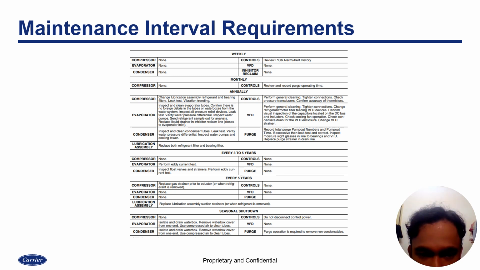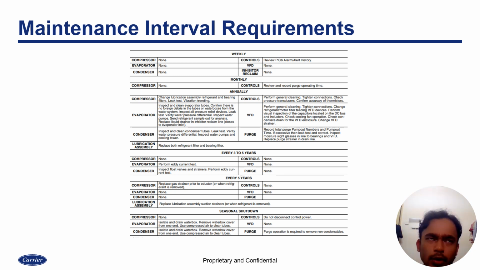And then for this slide, this is the maintenance interval requirement. So for weekly maintenance, it will be focusing on certain parts. The same applies to annual maintenance, where the focus of the maintenance work will be towards the compressor, evaporator, and condenser.